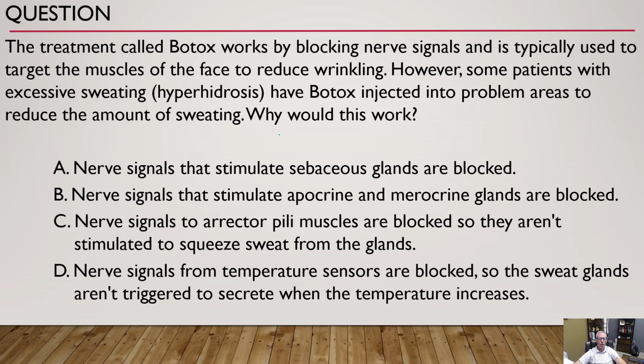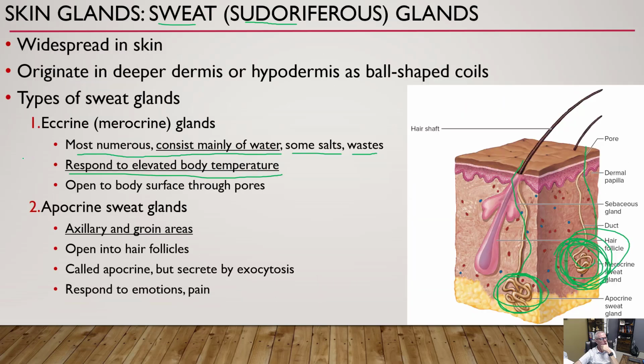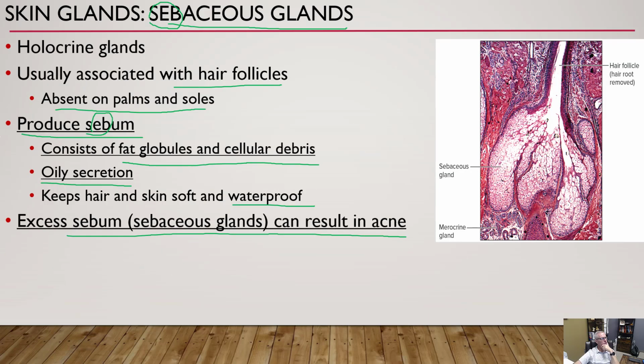All right, nerve signals that stimulate sebaceous glands are blocked. We're talking about sweating. Sebaceous glands produce sebum, and that's more associated with hair follicles and acne.